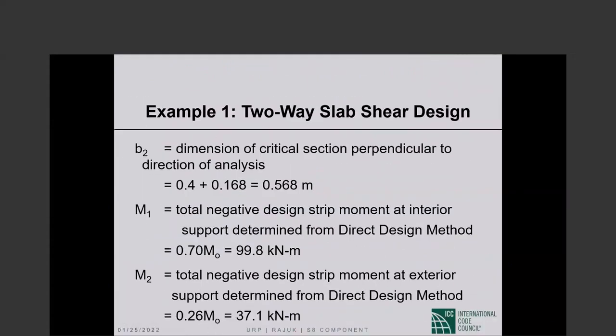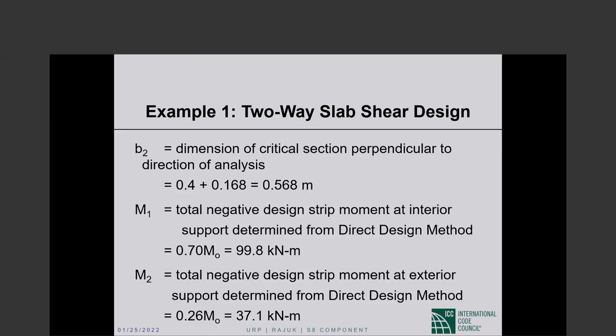Anyway, the interior support section moment is 70% of M sub 0, and the exterior support section moment is 26% of M sub 0. These are the basics we discussed yesterday. Okay, so if it is an end span of a flat plate, the moment distribution is 70% at the first interior support, 26% at the exterior support.